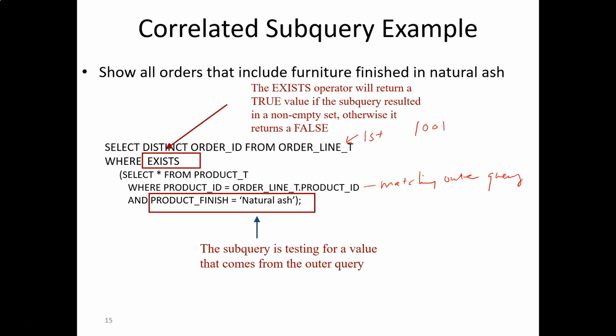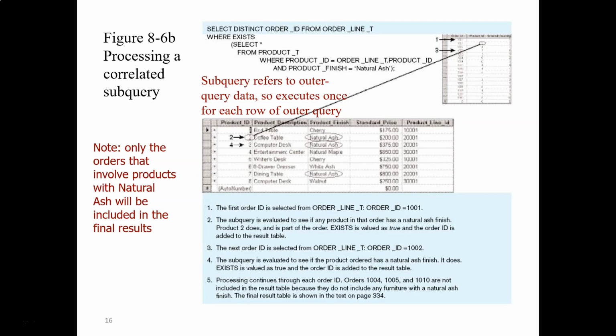And then it goes into the inner query and says select everything from the product table where the product ID equals the product ID of order 1001, and the product finish equals natural ash. So it will first get the first order 1001, and the product ID associated with this 1001.